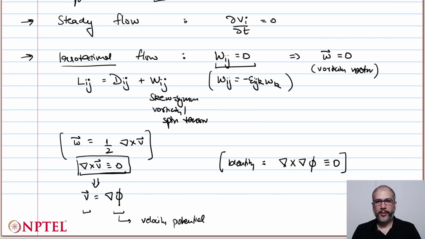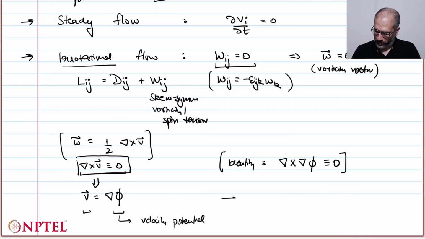So instead of solving for the velocity field, which is three scalar components, we solve for a single scalar field phi, and the velocity can be obtained from that. And this is called a potential flow problem, because you can define a velocity potential.